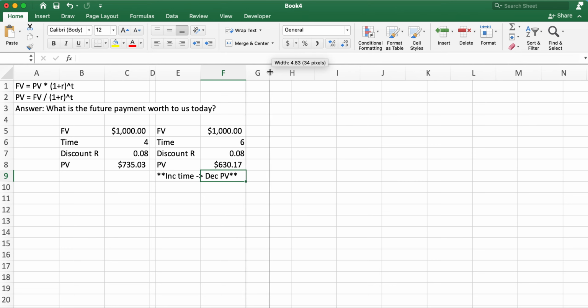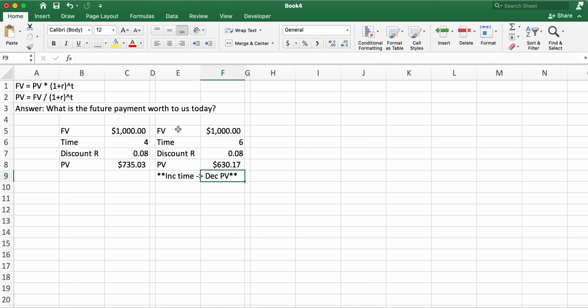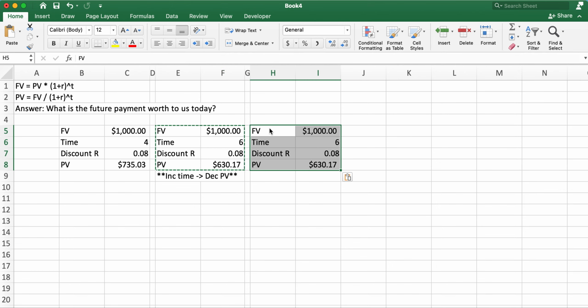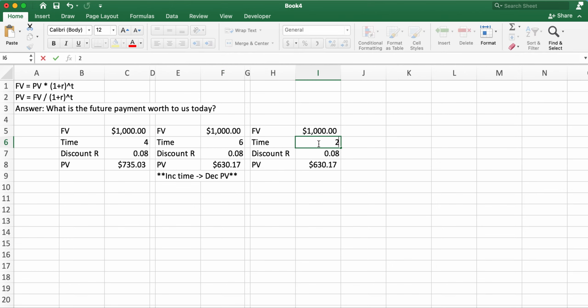Let's do this again and change our time to maturity one more time. So copy, paste. So now instead of 6 years, let's drop it down to 2 years. And you'll see that it jumps up our present value because it is worth more to us today to be paid out in 2 years.